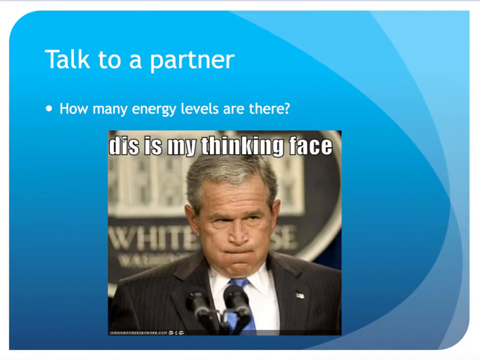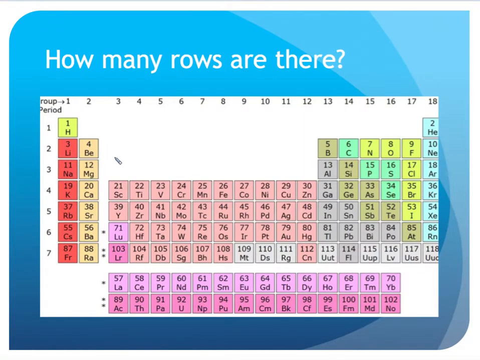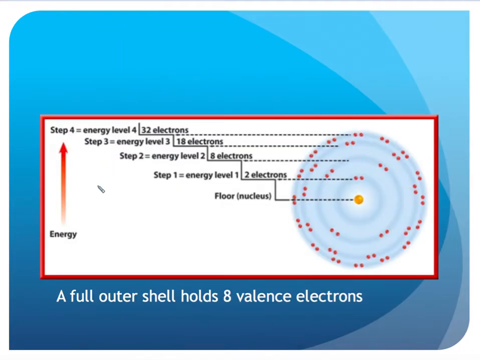So now let's go to how many energy levels are there? If we can have 8 valence electrons, how many energy levels do I have? Let me pose a different question. How many rows are on the periodic table? If you look over here, we have 7 rows that go horizontal. So I have 7 rows, which corresponds to 7 energy levels.